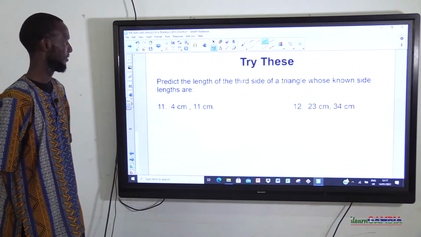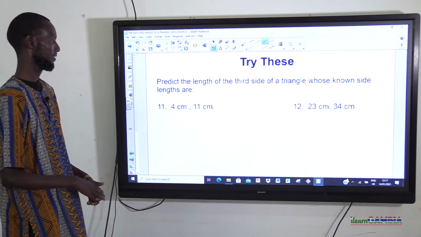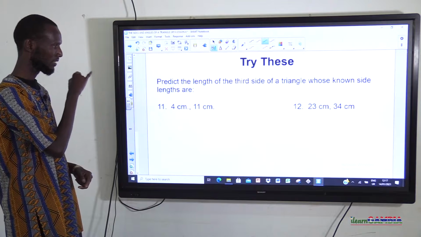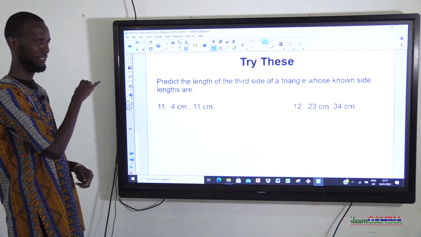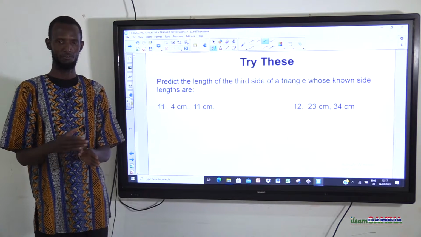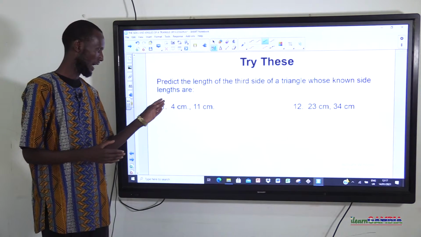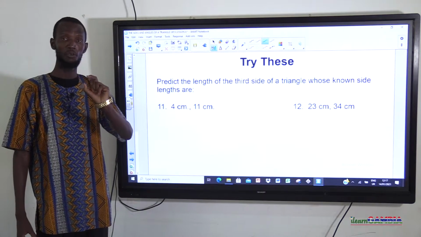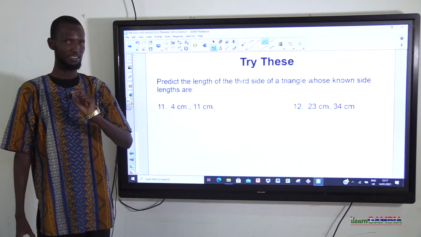Right, you need to try this now. Okay? 4 centimeters, 11 centimeters. Try to predict the possible length of the third side, which we know is easy. You add the two given sides, your sum should be greater than the third side.